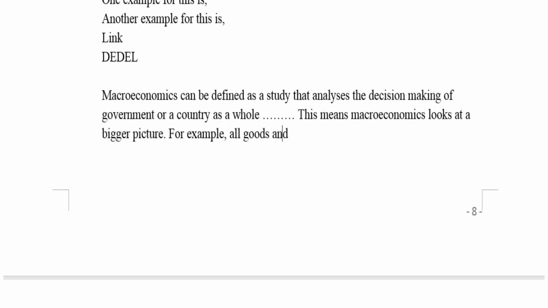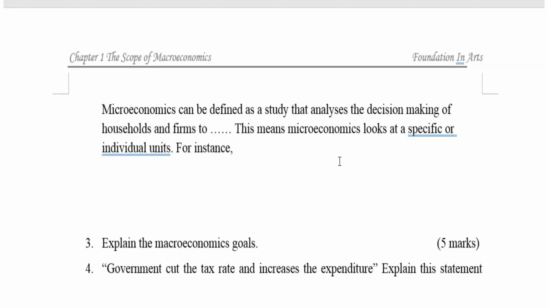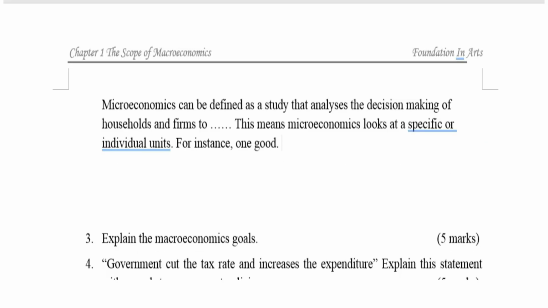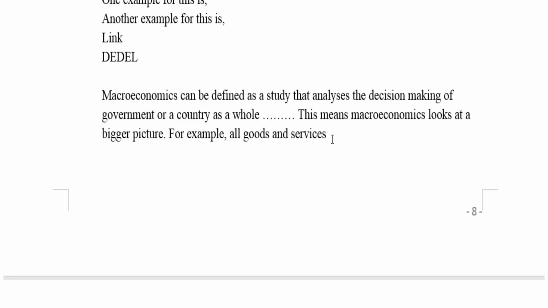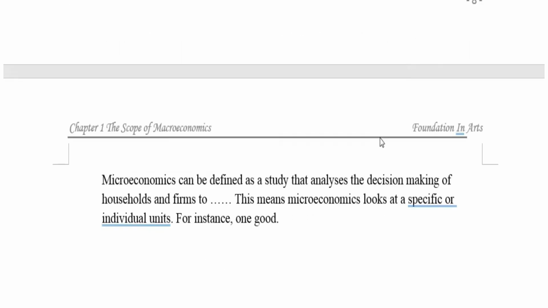All goods and services. And here we look at goods. One good. But you have to elaborate. Not like what I'm typing here. I'm typing here in short form. Everything must be in complete sentence.